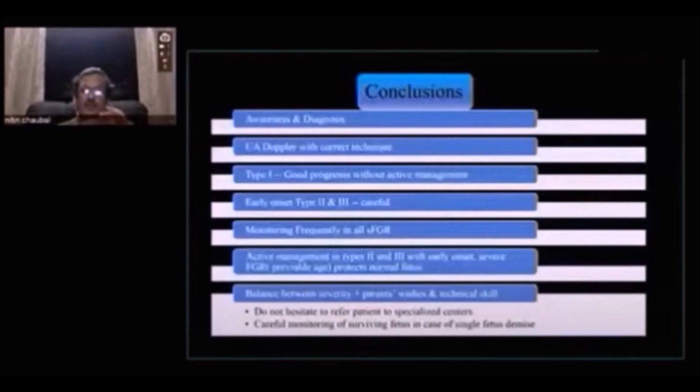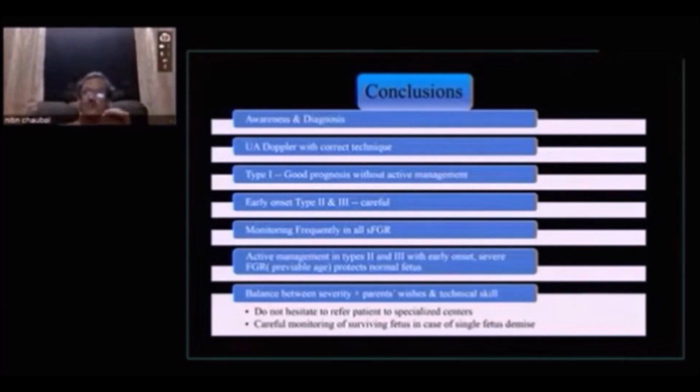So to conclude, as I said earlier, the idea of this talk was not to talk more of technicality, that's a different topic, but to create an awareness amongst people who do ultrasound in day-to-day practice. We should pick it up at the right stage, diagnose it correctly, do the umbilical artery Doppler with the correct technique and come to the right type.